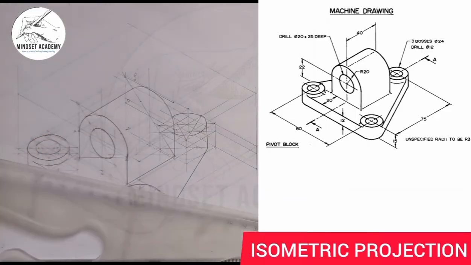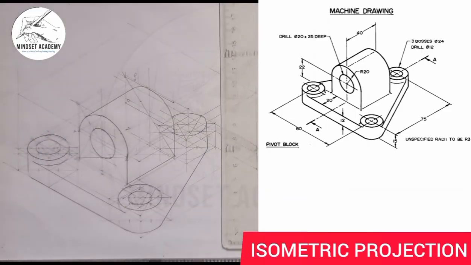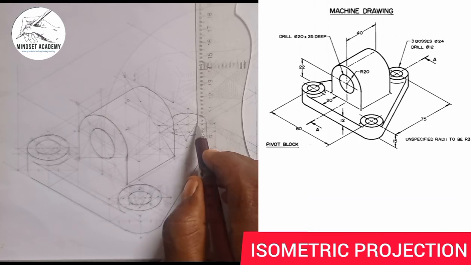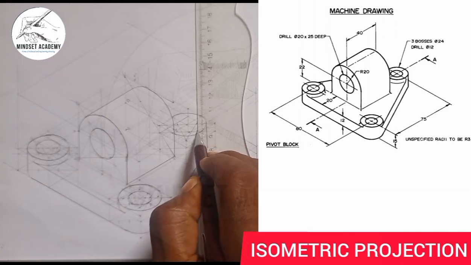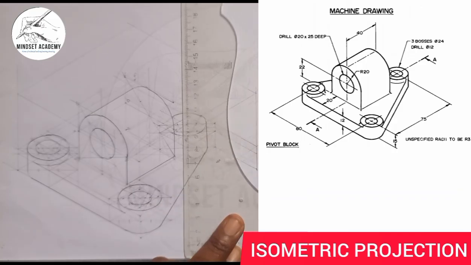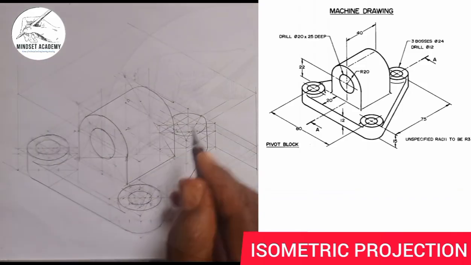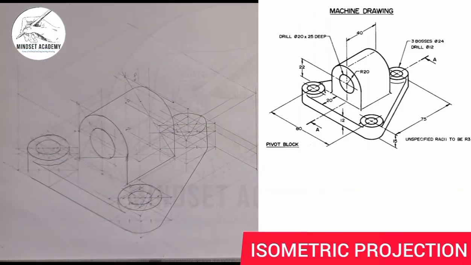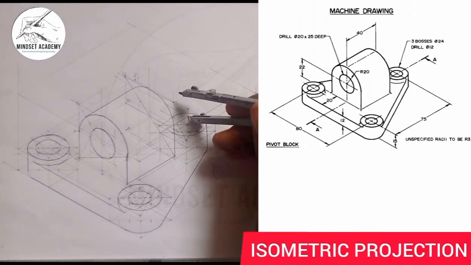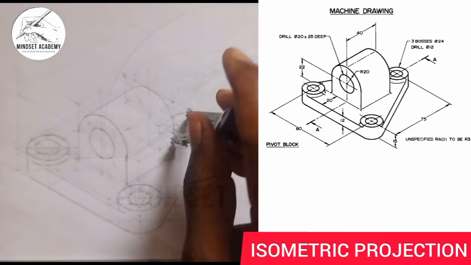So just transfer that point downward. This point, transfer it downward. Right? And this point too, transfer it downward. Then we only have where they meet already here. So what you should simply do here is place your compass here. Then you connect from here to here.